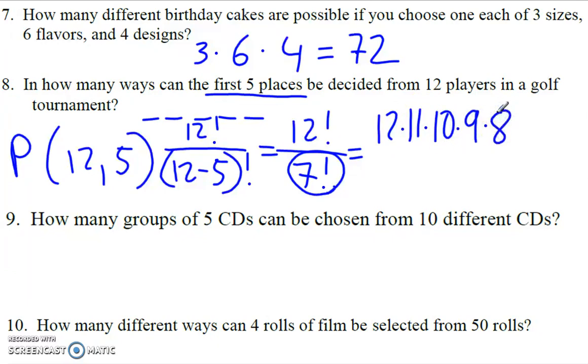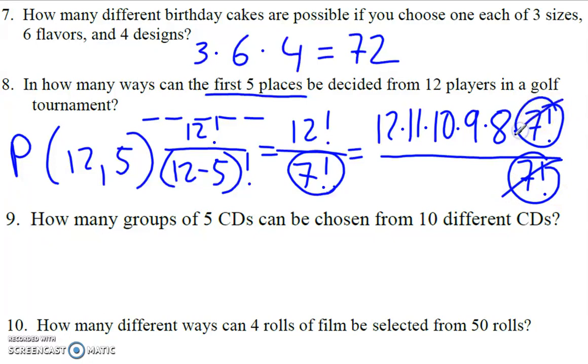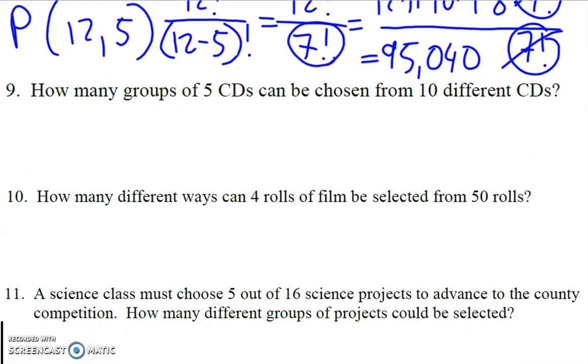Everything after that would be the factorial of 7: 7, 6, 5, 4, 3, 2, 1. So factorial of 7, and since that's also in the denominator, we can cancel these two out. So that's 12, 11, 10, 9, 8. And that comes to a grand total of 95,040.